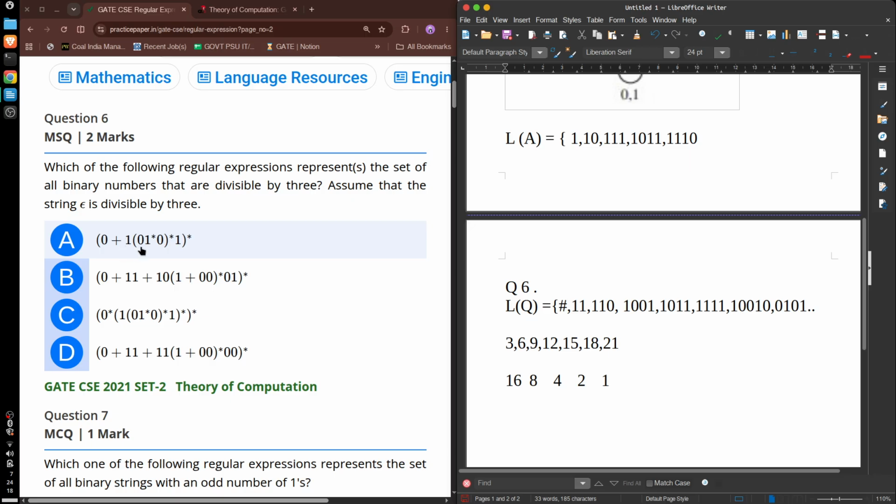If we double 11 we get 1 1 1 1, and plus this one, so it will be 1 1 0. So can we make 1 1 0 here? 11 plus 0, yes, we can make 1 1 0. So we'll pick these two, and then we'll pick this one.